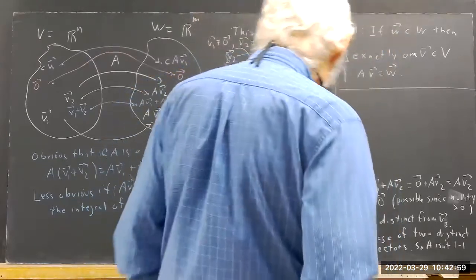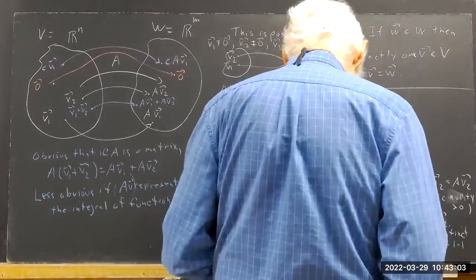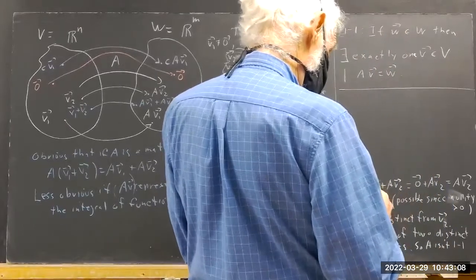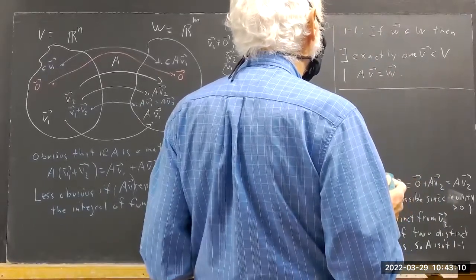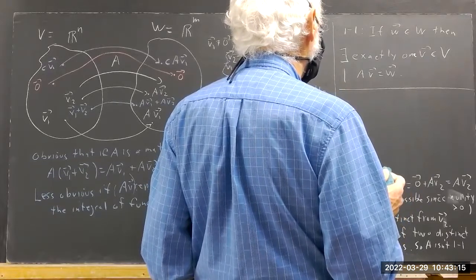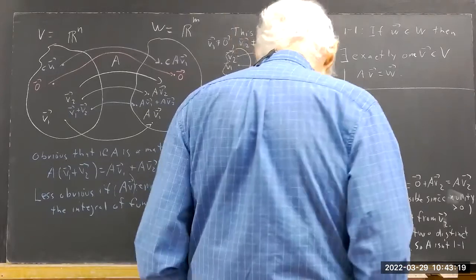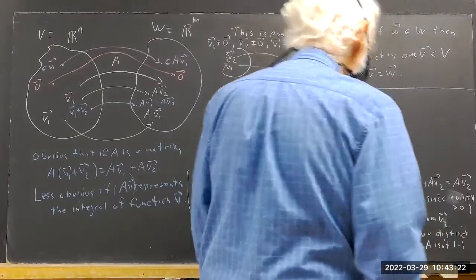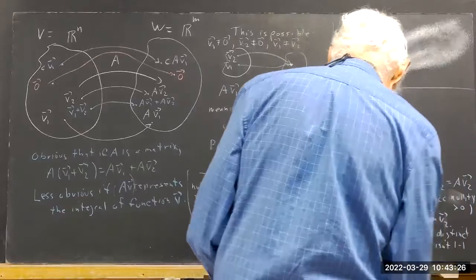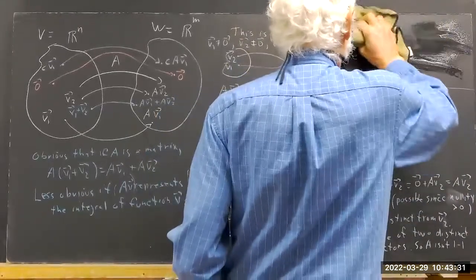And I actually almost wrote this correctly. I don't know why I didn't. I thought about it. I'm going to rephrase this, and then I'll explain what was wrong with what I just wrote.